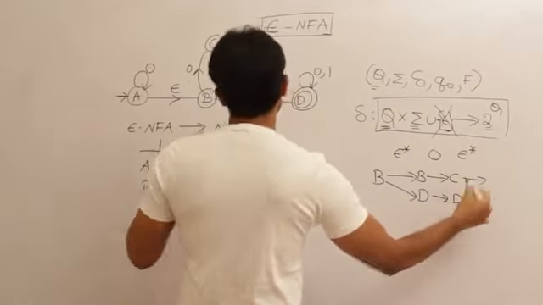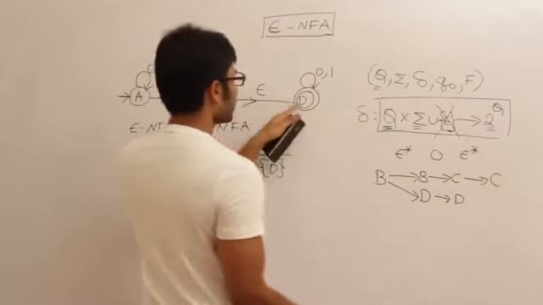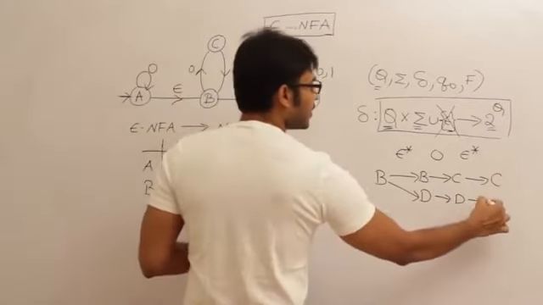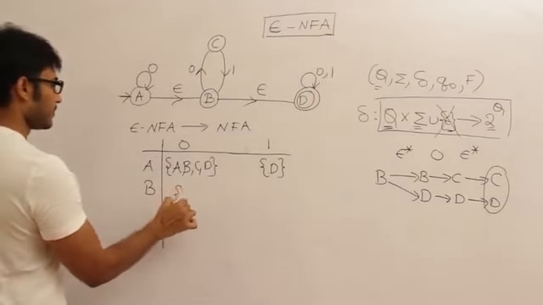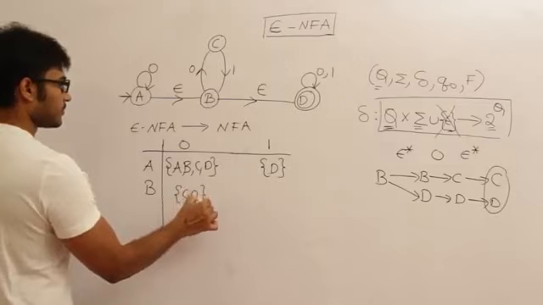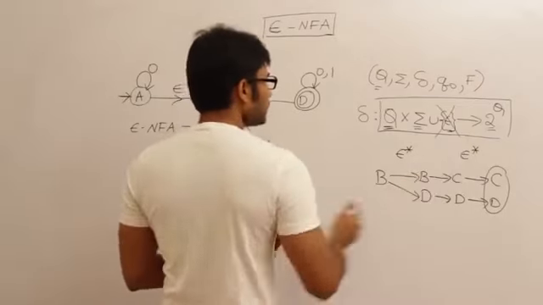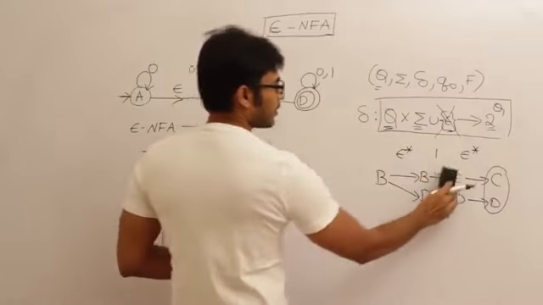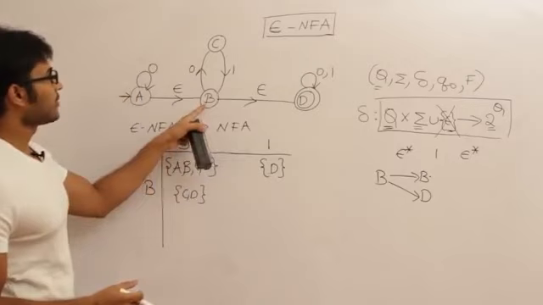What is epsilon closure of C? Where is C going on epsilons? Only to C. What is epsilon closure of D? Where is D going on epsilons? Only D. Therefore I have to write CD here. What about B on 1? This part is going to be the same. Now what about capital B on 1?